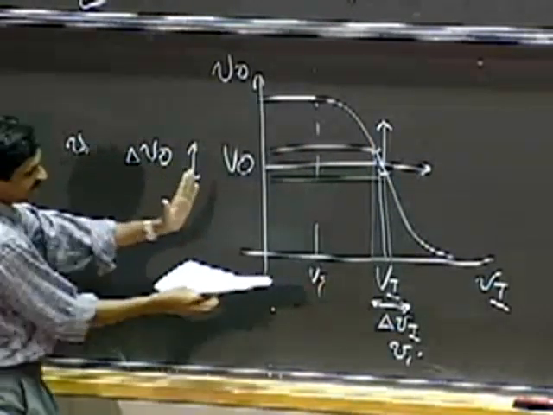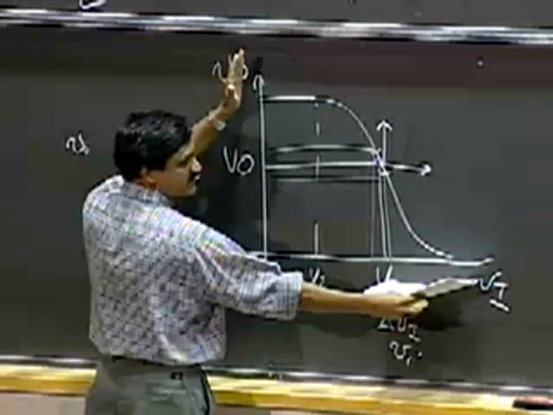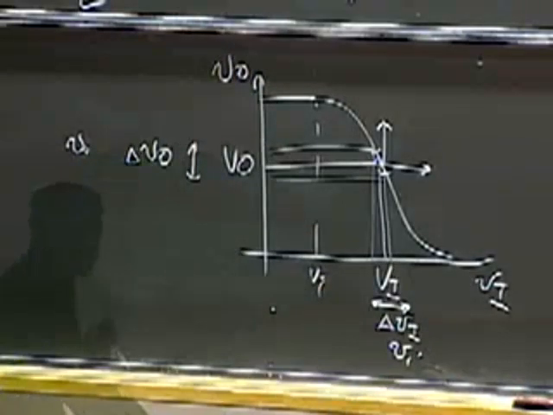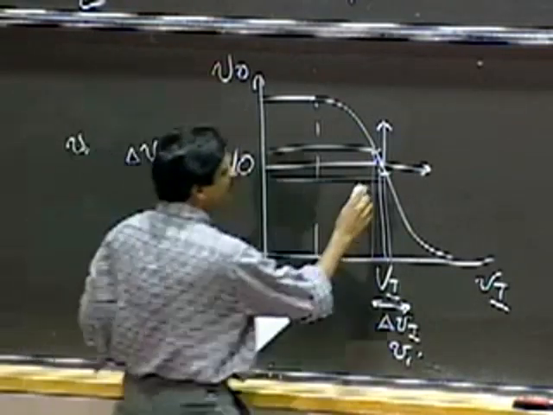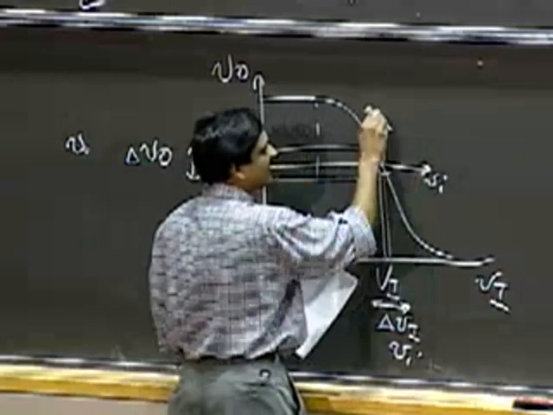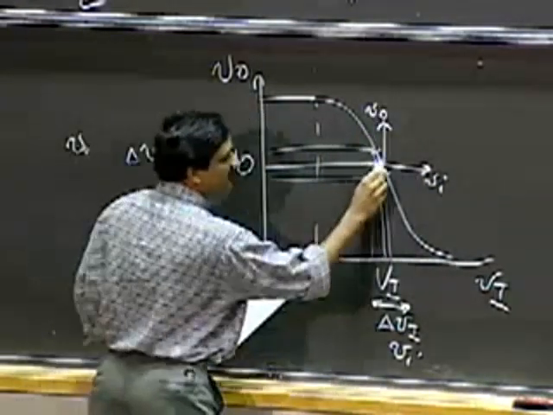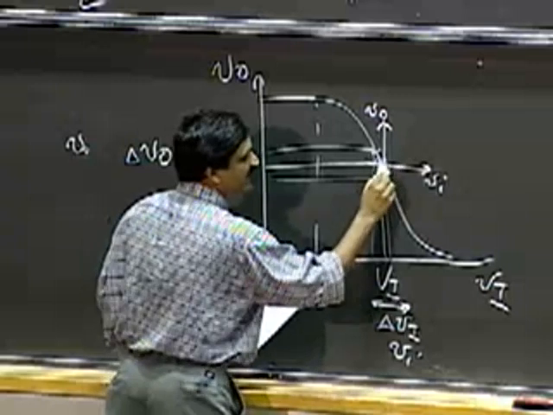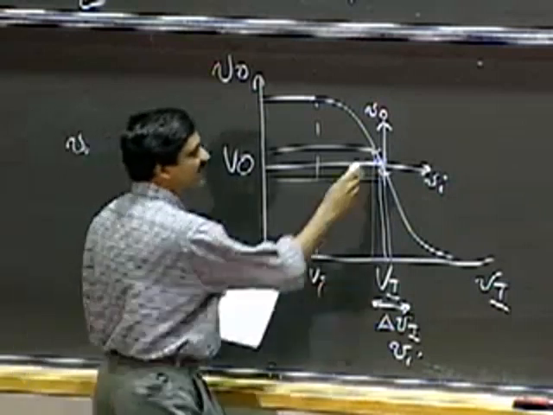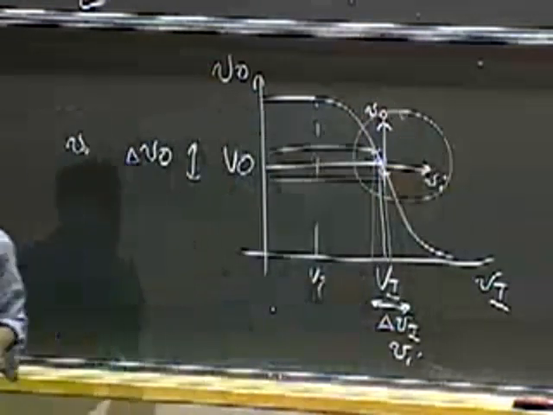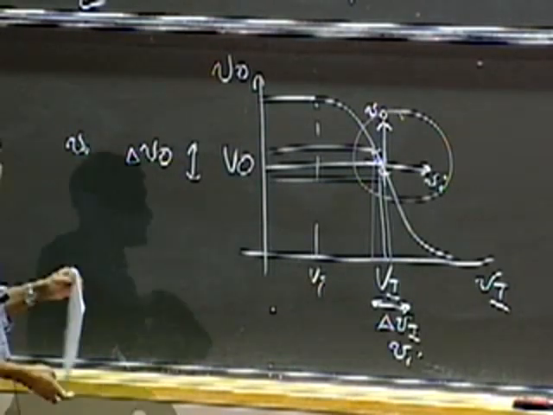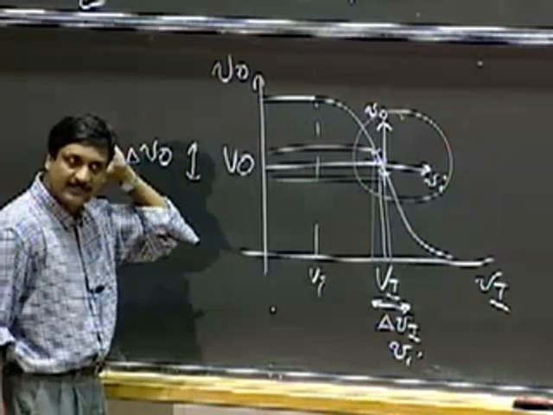Capital VI and capital VO correspond to the total voltages in my circuit. But at this bias point, I can think of another coordinate system with small vi and small vo. And for small changes to vi, I can figure out the corresponding small changes to vo. All the analysis I perform here is going to be linear, and I'll prove it to you in a couple of different ways in the next few seconds.